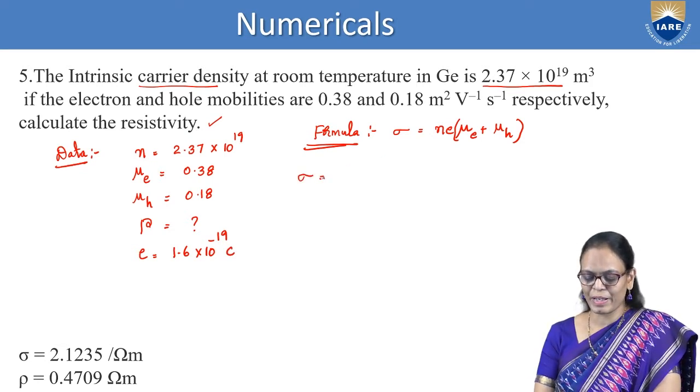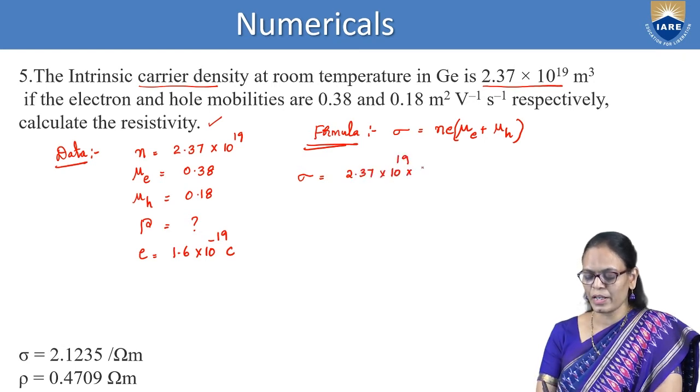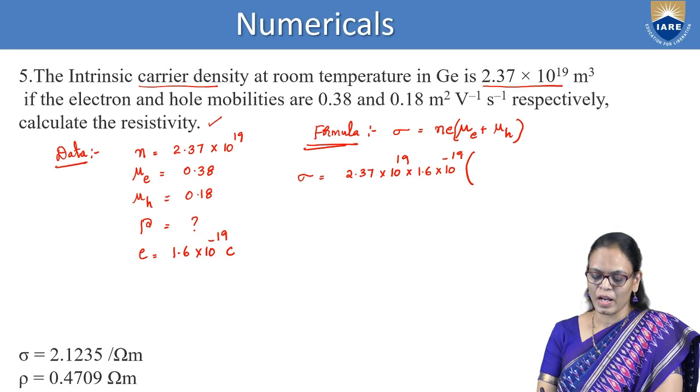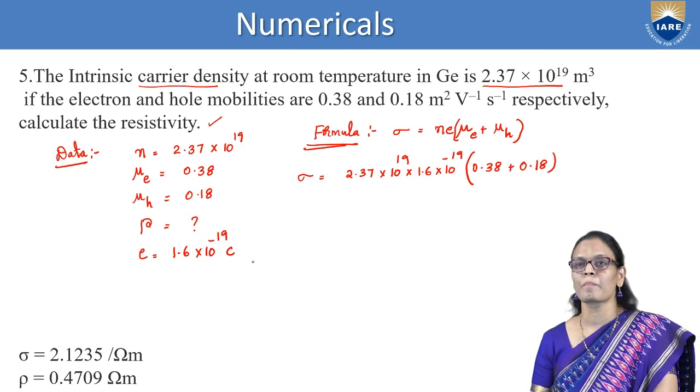So sigma will be equal to 2.37 into 10 power 19, into E, 1.6 into 10 power minus 19, and mu E plus mu H, 0.38 plus 0.18.